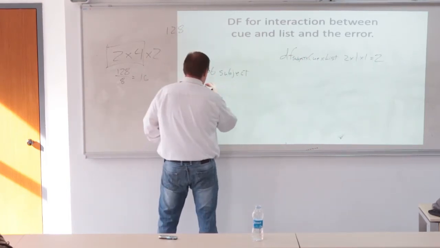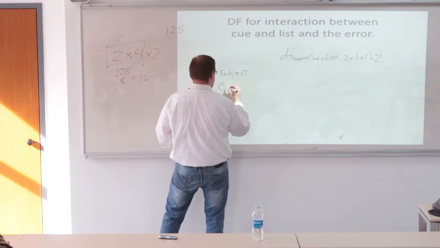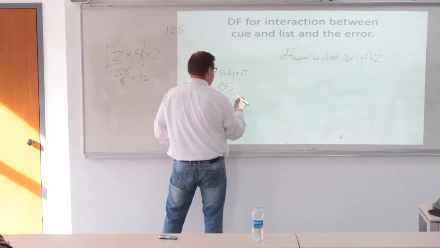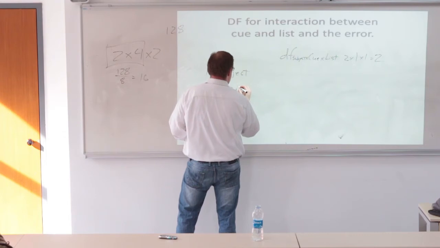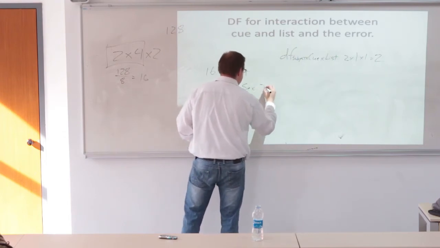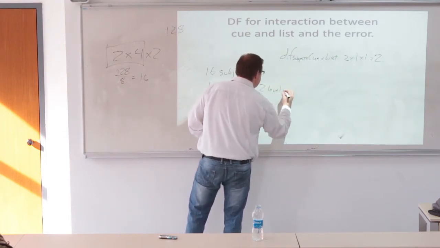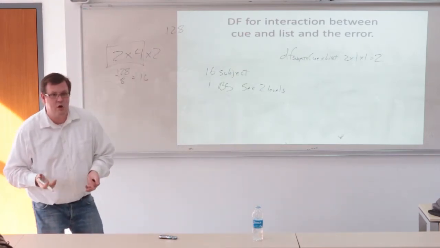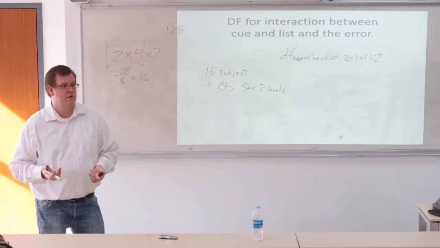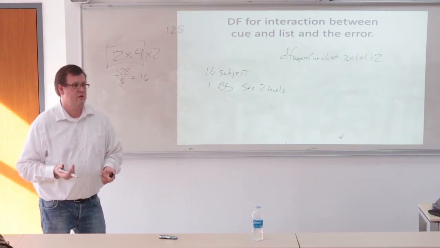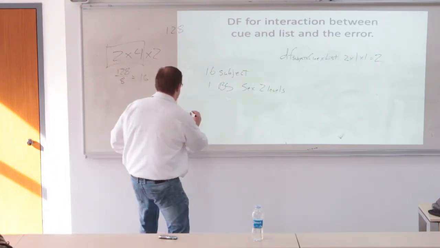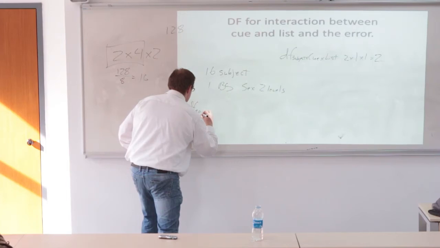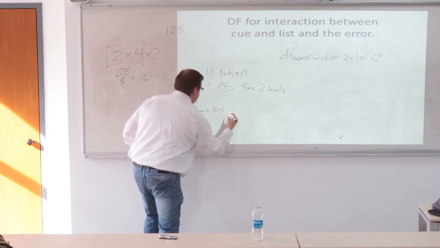We have 1 between subject factor, say BS, between subject, sex, 2 levels. So how many degrees of freedom total do we have? 15, right? Degrees of freedom total equals 16 minus 1, that's 15.